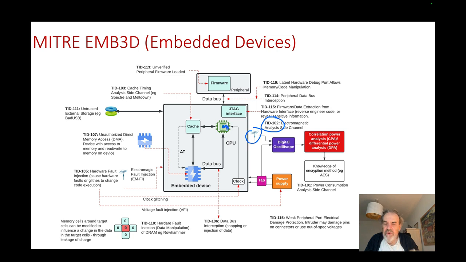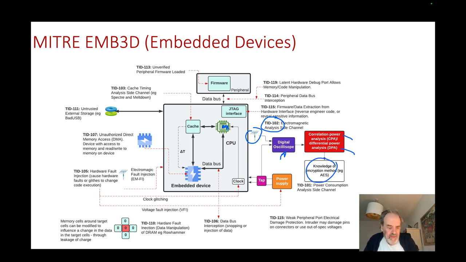Then when the CPU is operating, the operations will give off electromagnetic waves, which can then be picked up through an oscilloscope. And then we can use what's called CPA, or correlation power analysis, or differential power analysis, along with a knowledge of the encryption method to be able to crack the encryption keys.